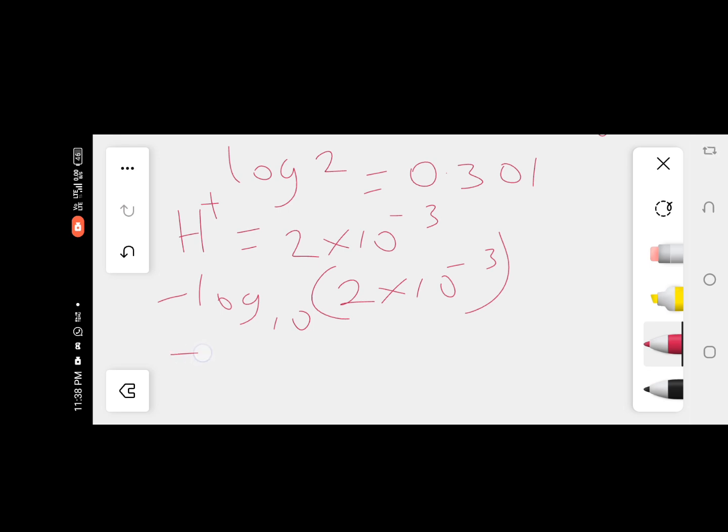So that will be minus log 10 of 2 plus, let me open a bracket, minus log 10 of what? 10 raised to power minus 3.